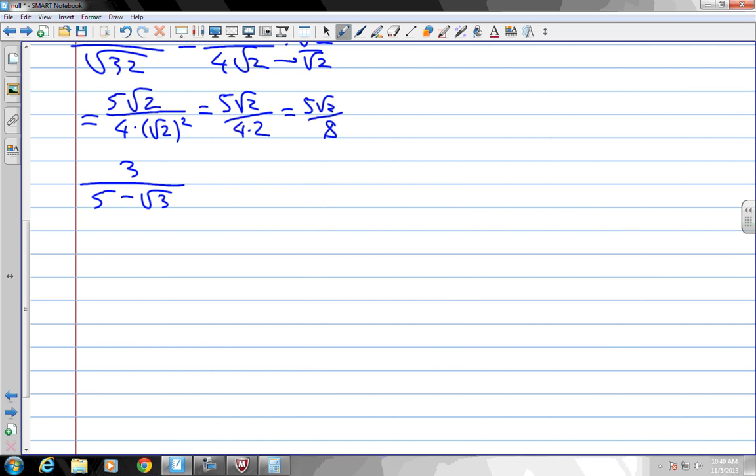Well, how? Don't write this down. Let me show you what happens. If you multiply it by that, you'll end up with 3 square roots of 3 on the top. But on the bottom, you'll end up with 5 square roots of 3 minus 3. So you still have a radical. So that doesn't work.